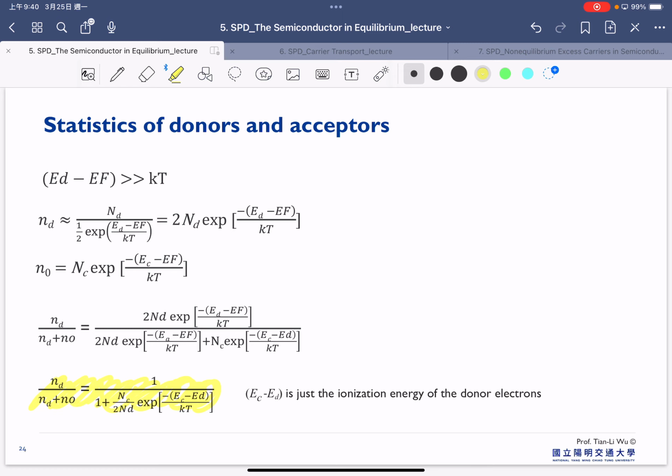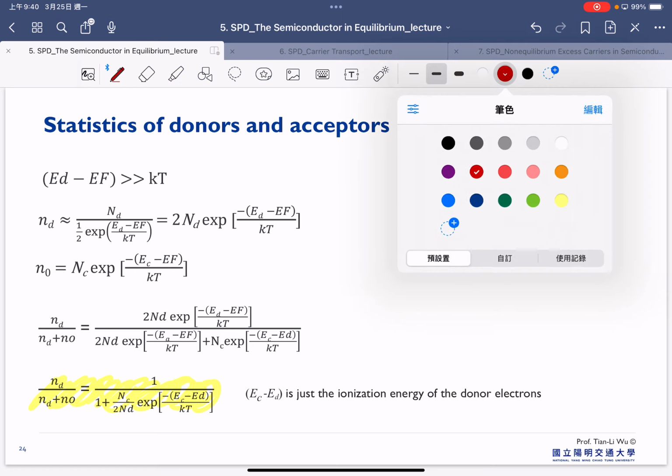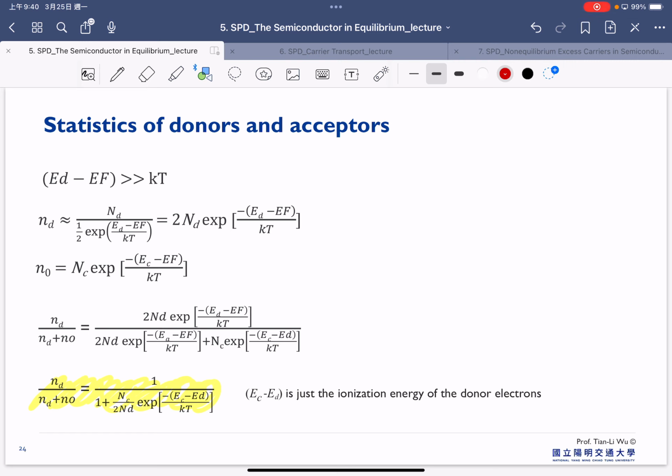So the EC minus ED here is just the ionization energy of the donor electrons. Now we can estimate the concentration of Nd in this equilibrium case, which is related to our ionization energy.